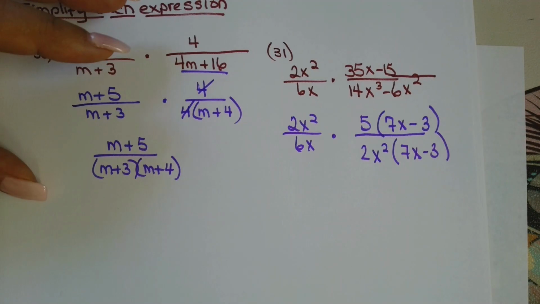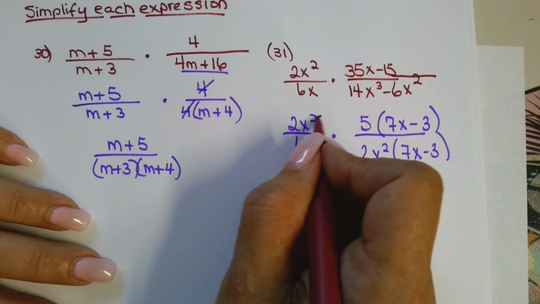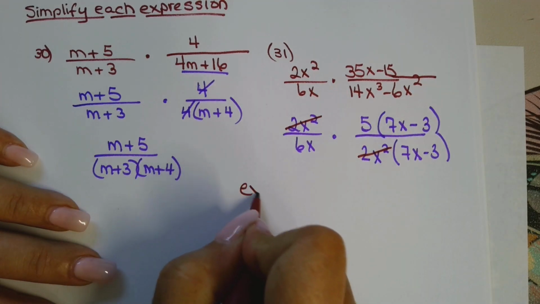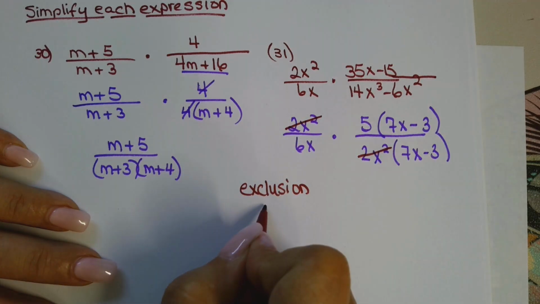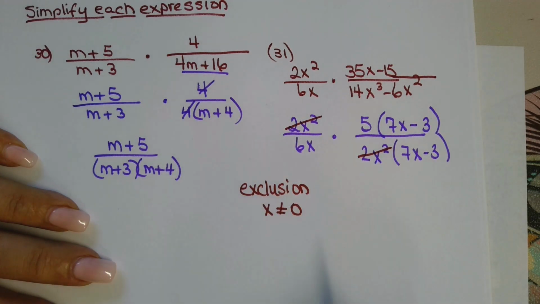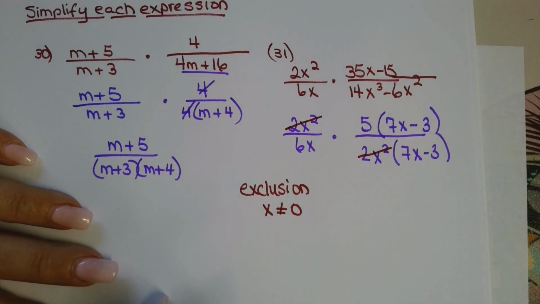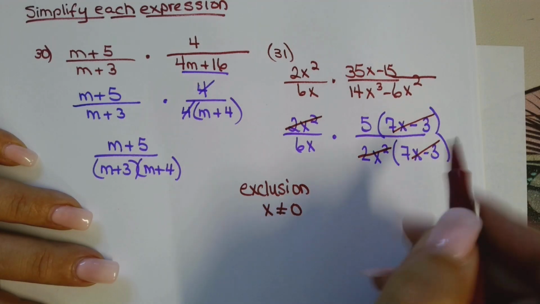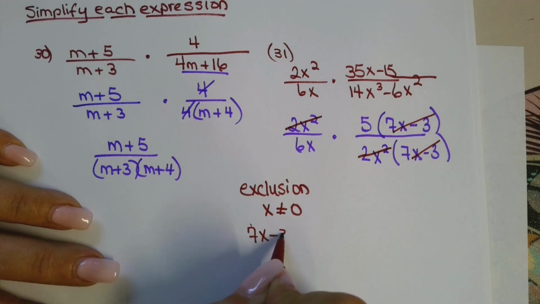Okay, so now it comes time to cancel. This is always the fun part. This 2x squared cancels with that 2x squared. Normally I would say exclusion, because I've canceled that out, that x cannot be 0. I'm going to write it anyway, but just know that on the test you're not going to need to worry about that. The other thing we will cancel is this and this. That means for exclusions, that 7x minus 3 cannot be 0.